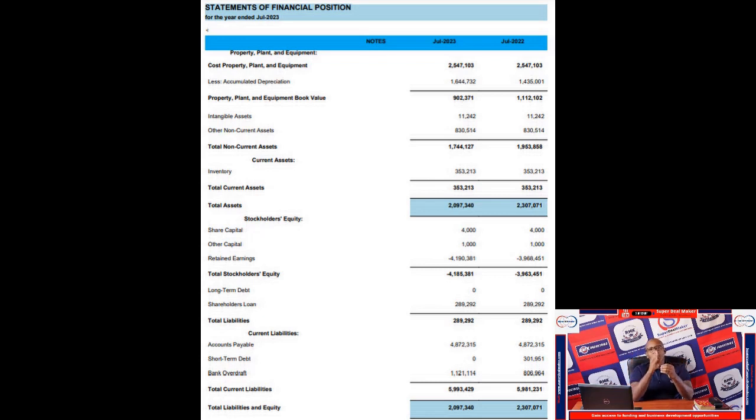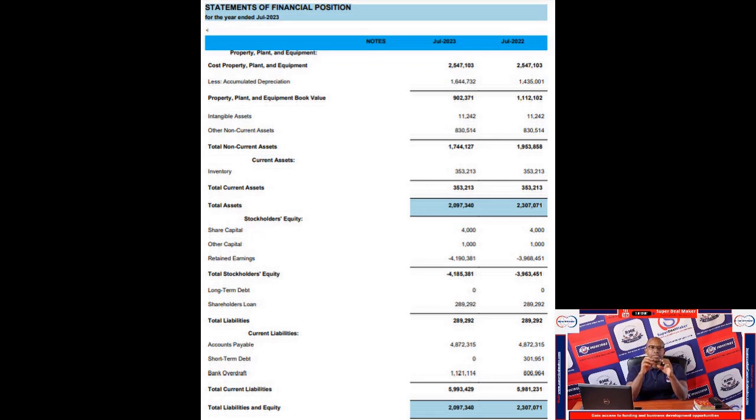Then at the specific time that you are reporting, if you owe anyone money that you have to pay within the next 12 months, that goes under your current liabilities.